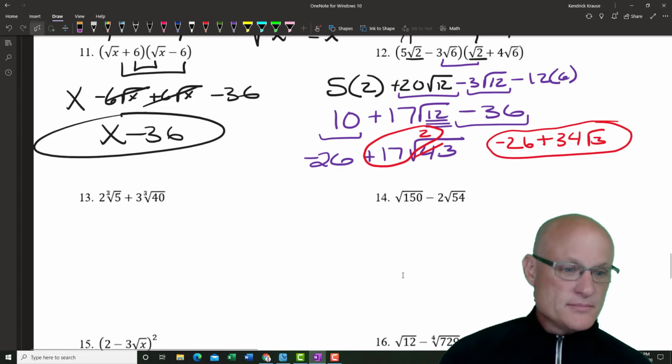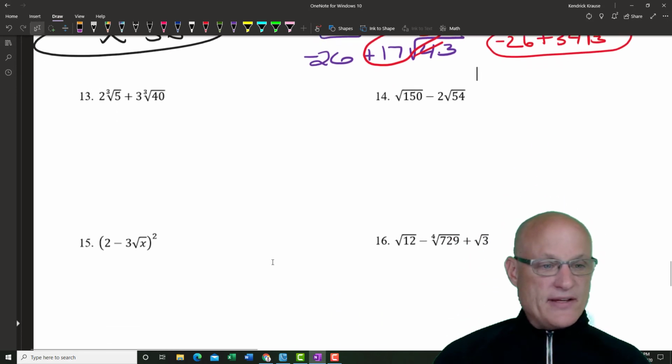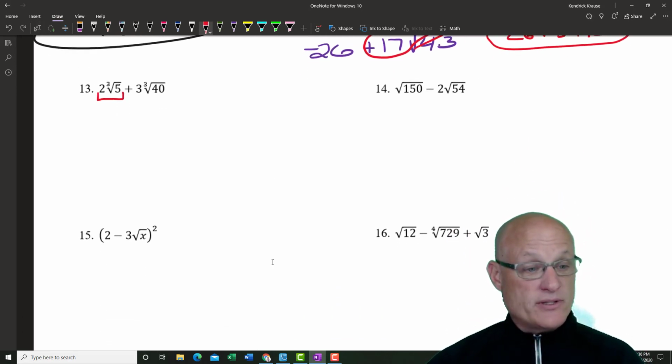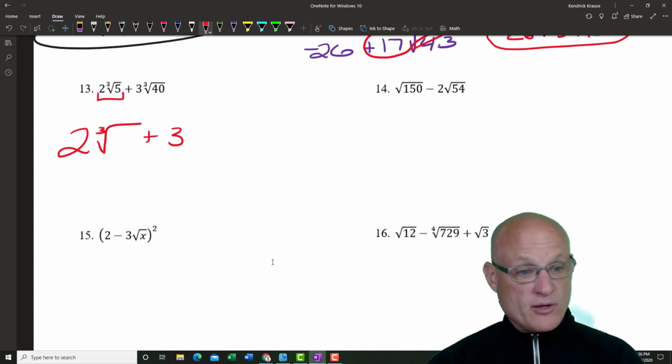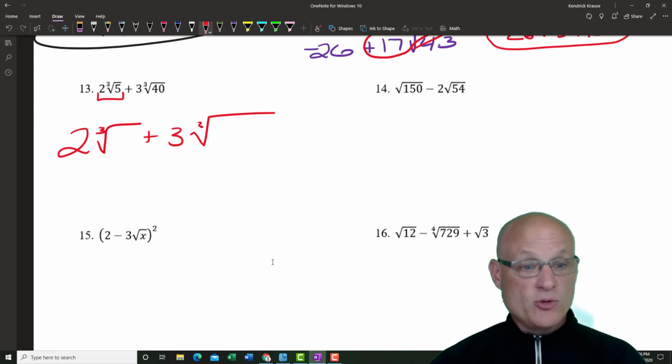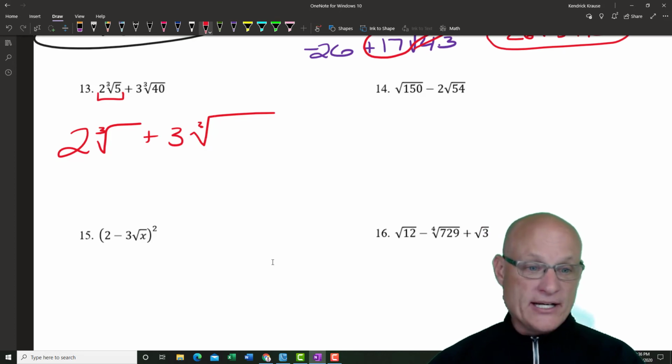All right, moving on. Now, you would love to add these things up, but the radicals are not the same. You can't do anything with this, so that's kind of nice. There's really nothing to do. But with this one, we got a little bit of work to do. And let's see. Cut 40 in half, you get 20. First perfect cube under 20 is 8, and 8 goes in.